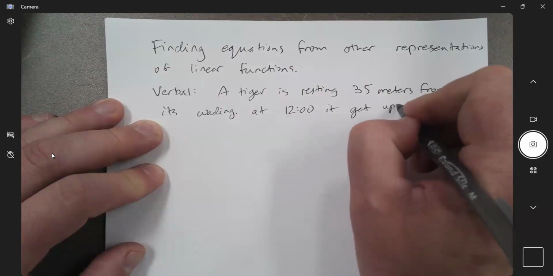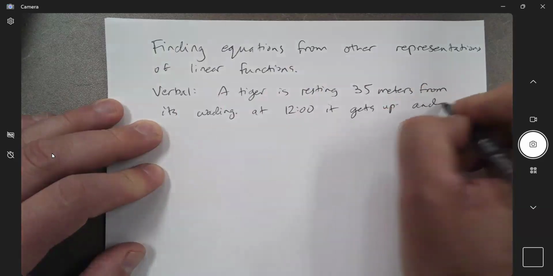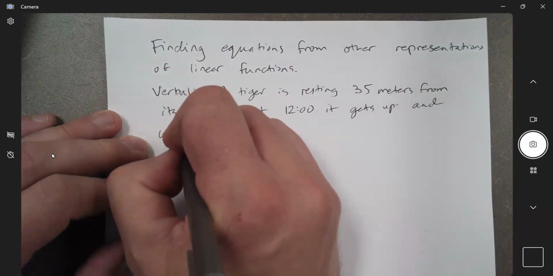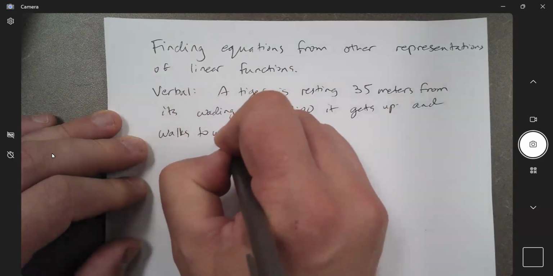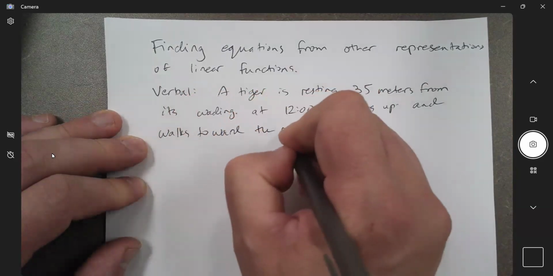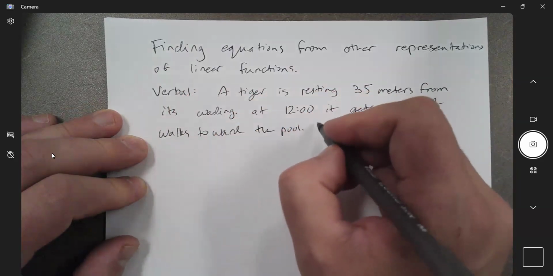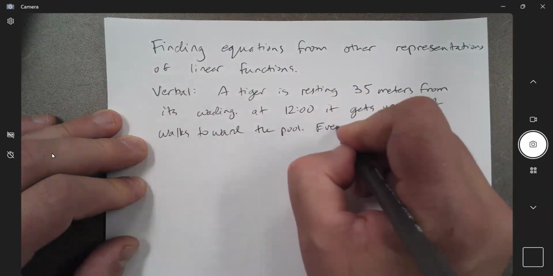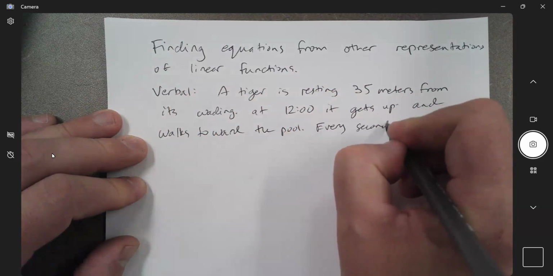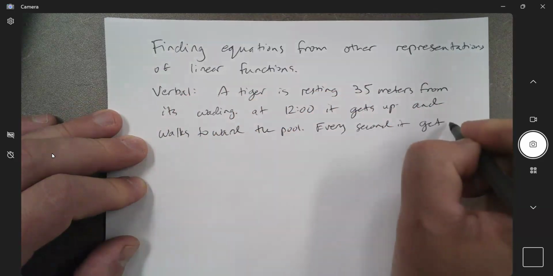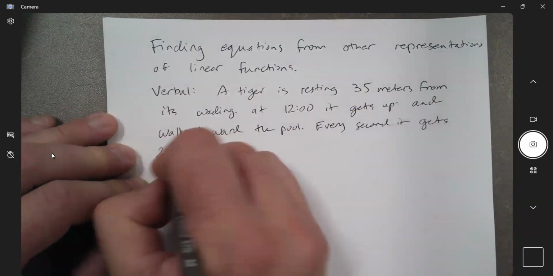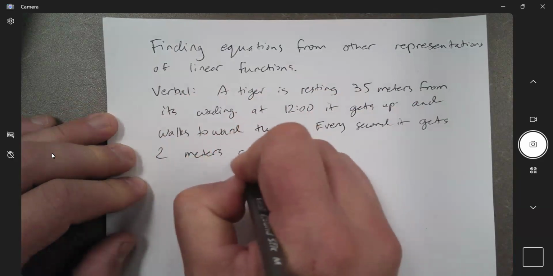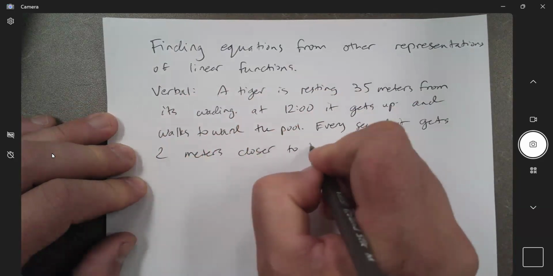It gets up and walks toward the pool. Every second, it gets 2 meters closer to the pool.